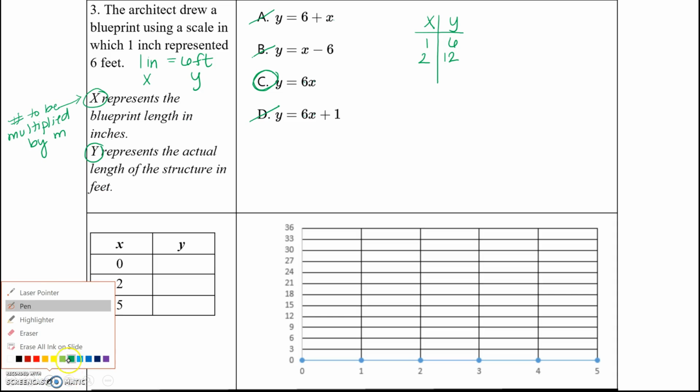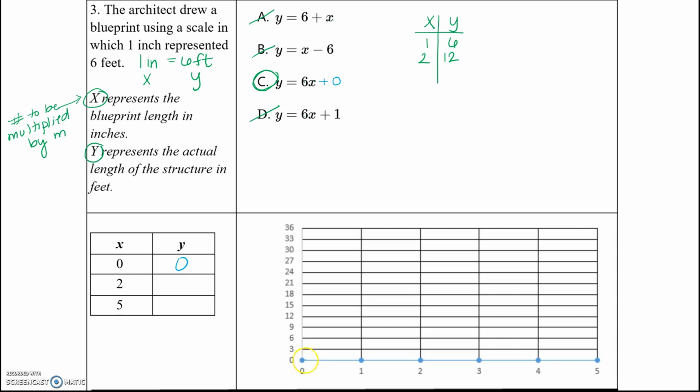So now I'm going to go down here and plug them in. If it has nothing here, it's plus 0. This is going through my origin. All right, then substitute, finish your table and your graph. So we already did 2, so that was 12. Now do the rest.